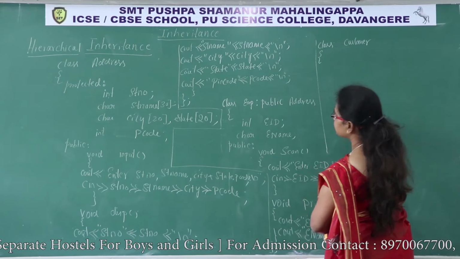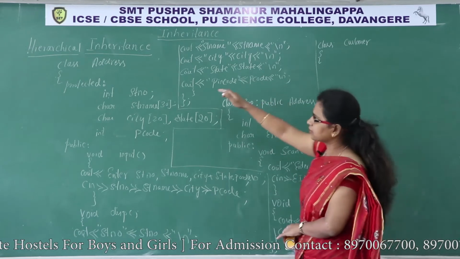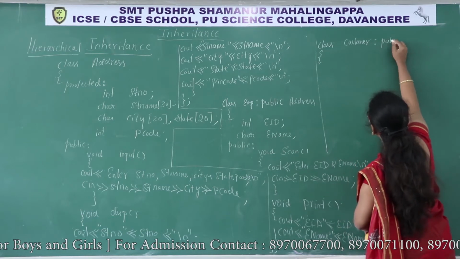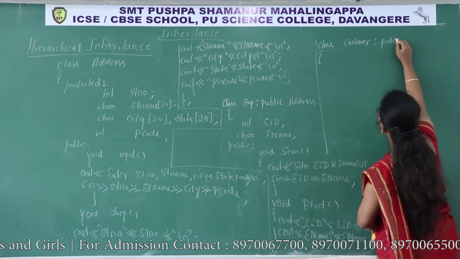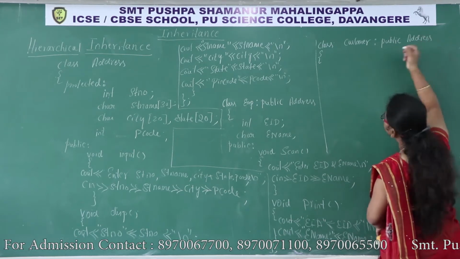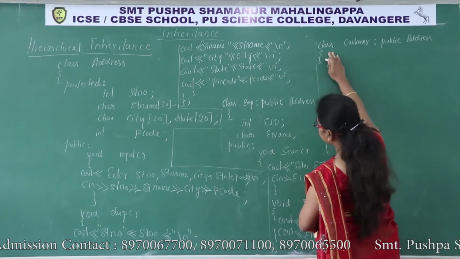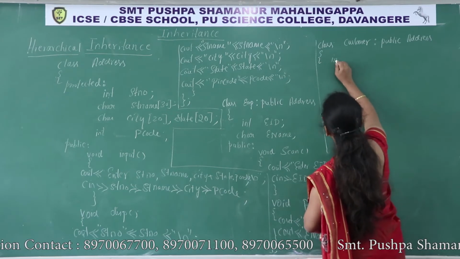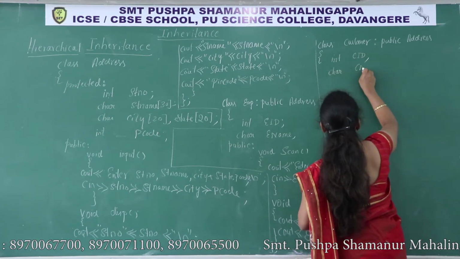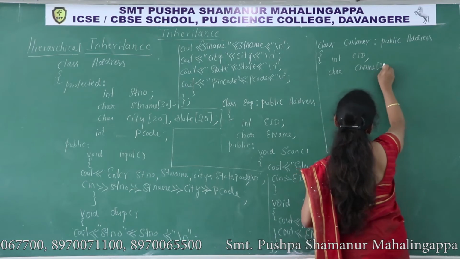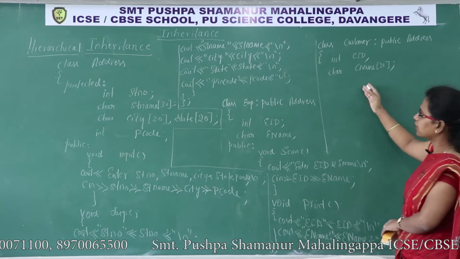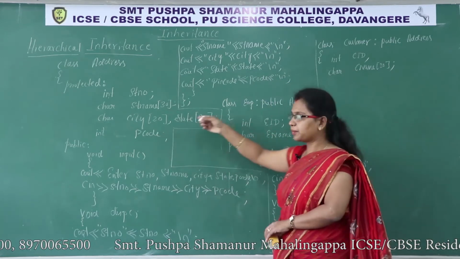Customer is also a class which is derived from the existing class, that is address. So colon, both classes I am going to derive in public mode, public address. In the private section, I will take customer ID, CID, char customer name. Instead of writing customer address here, we can make use of these data members.